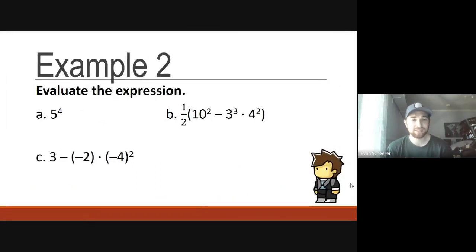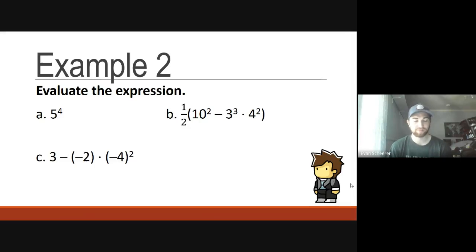Okay, so now this says to evaluate the expression. Evaluate means give me an answer. So you don't leave it as 5 to the 4th. Or with B, you don't just simplify that. I actually need an answer. So 5 to the 4th, yeah, you could put that in a calculator, but we don't have to. Let's break up 5 to the 4th.